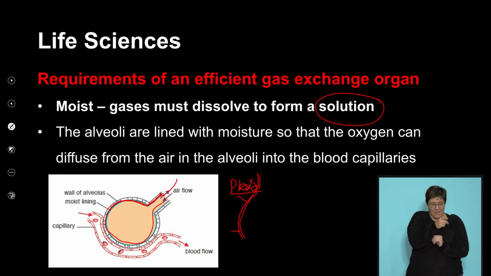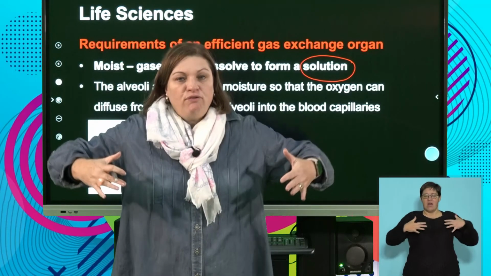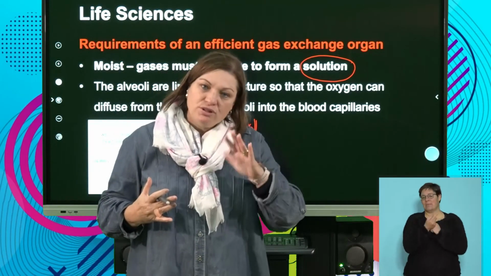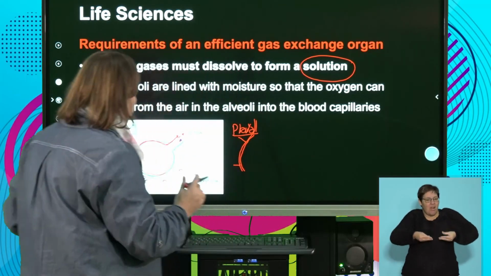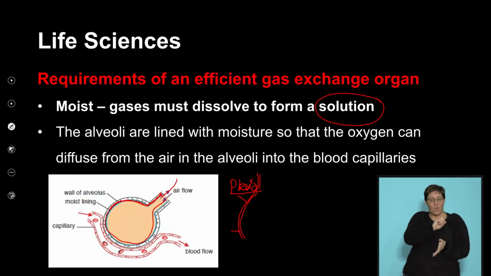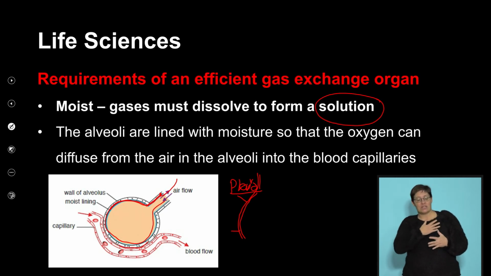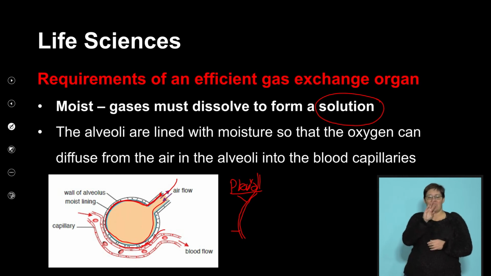Now that fluid that surrounds the lungs helps so no friction occurs, but it also gives us that moist layer, because it's also going to be moist. So when the oxygen moves out of the alveoli, guys, it's a moist surface. Again, it's going to be slight water vapor. And where's the oxygen eventually going to go? Into the blood. And the blood is going to be blood plasma.